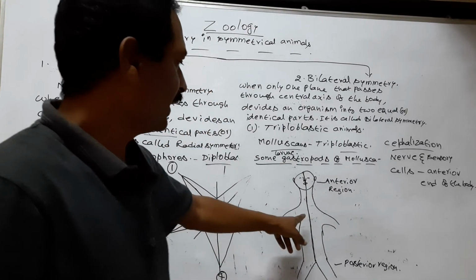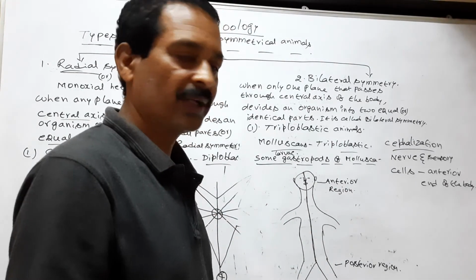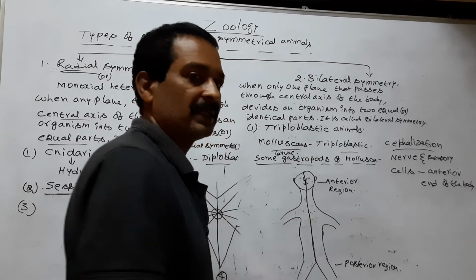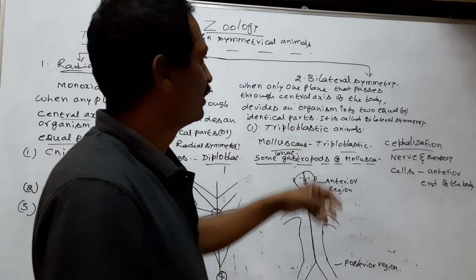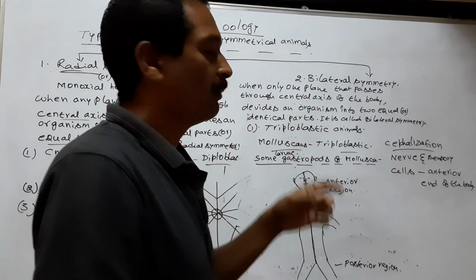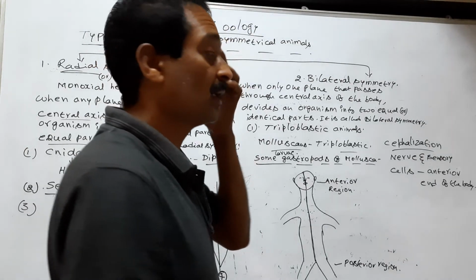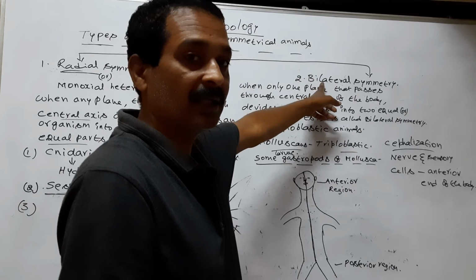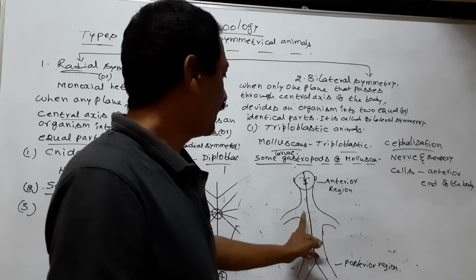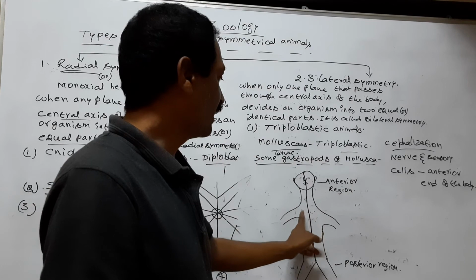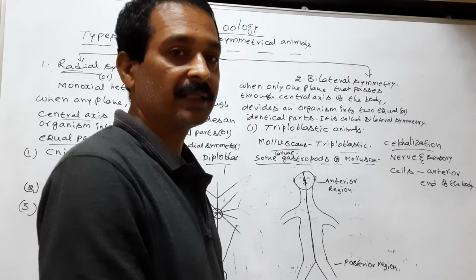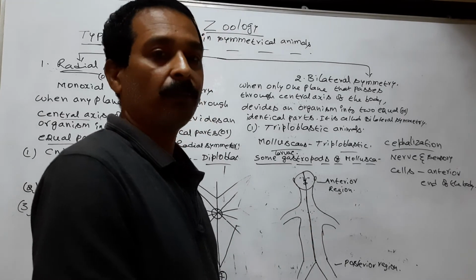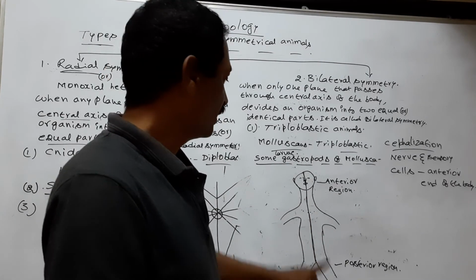The paired organs are located one on either side of the central axis of the body in animals which exhibit bilateral symmetry. Unpaired organs are located on the plane.